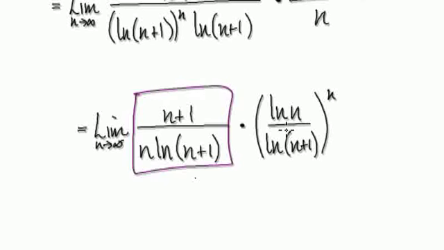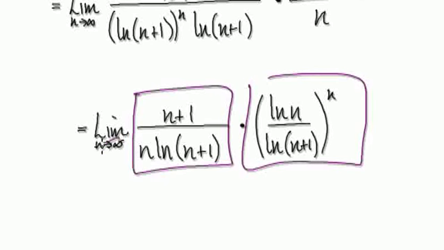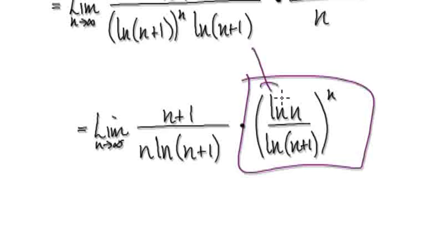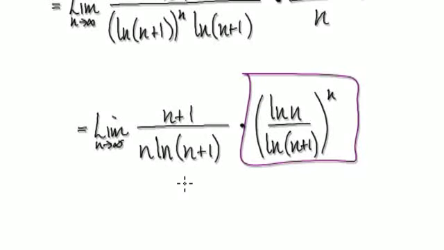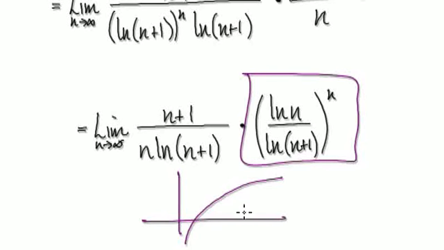So here you've got one block multiplying another block as n heads towards infinity. Let's try and understand this block here. So your natural log looks like this. n is here, so that's this bit here, and then n plus 1 will be slightly higher. So when it comes to the natural log graph, it's always increasing. It is strictly increasing.